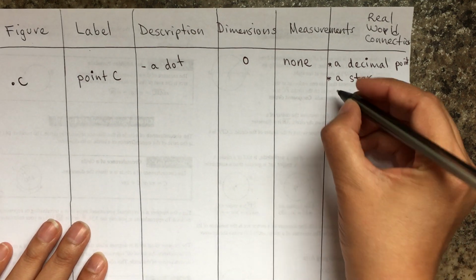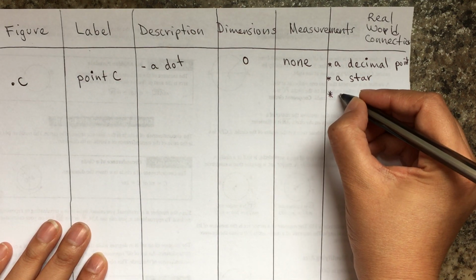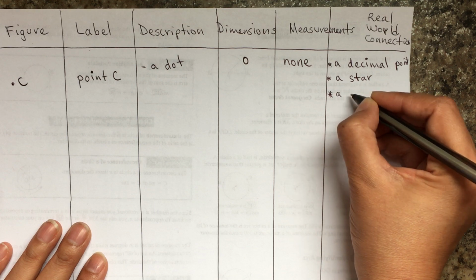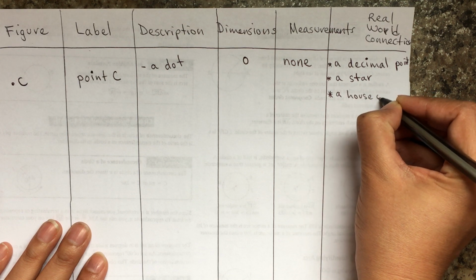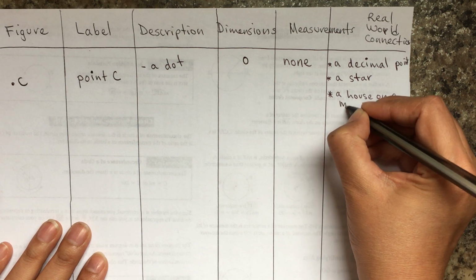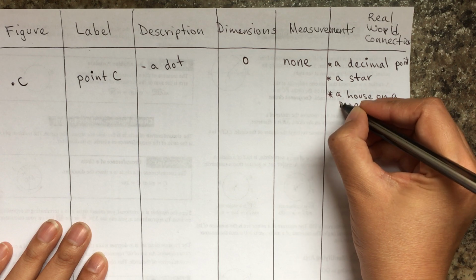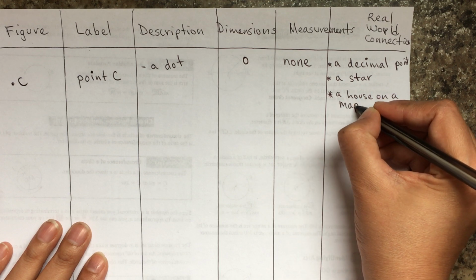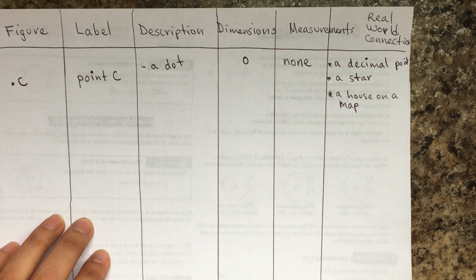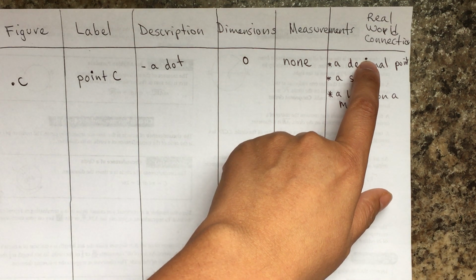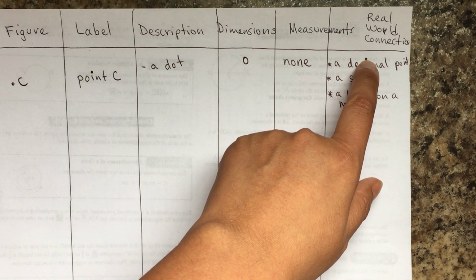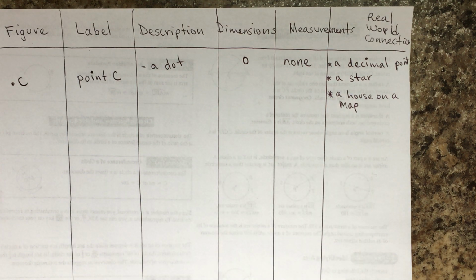On the map, a house. So these are some examples. They even said the letter i's little dot on top. That would also be something very specific.